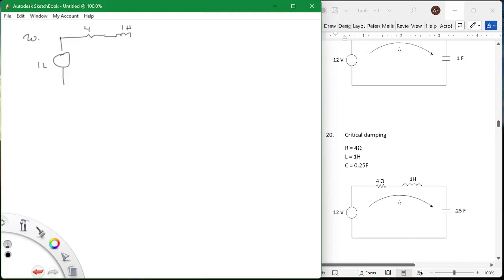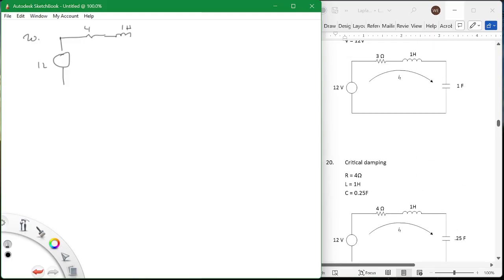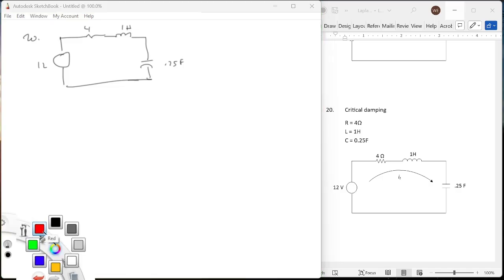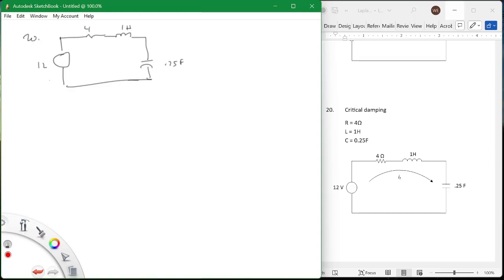Is this the same as the other one? It's close. Okay, so we're very close in this one. Okay, let's do this now in red. So what is our formula? Okay, so I is equal to what?